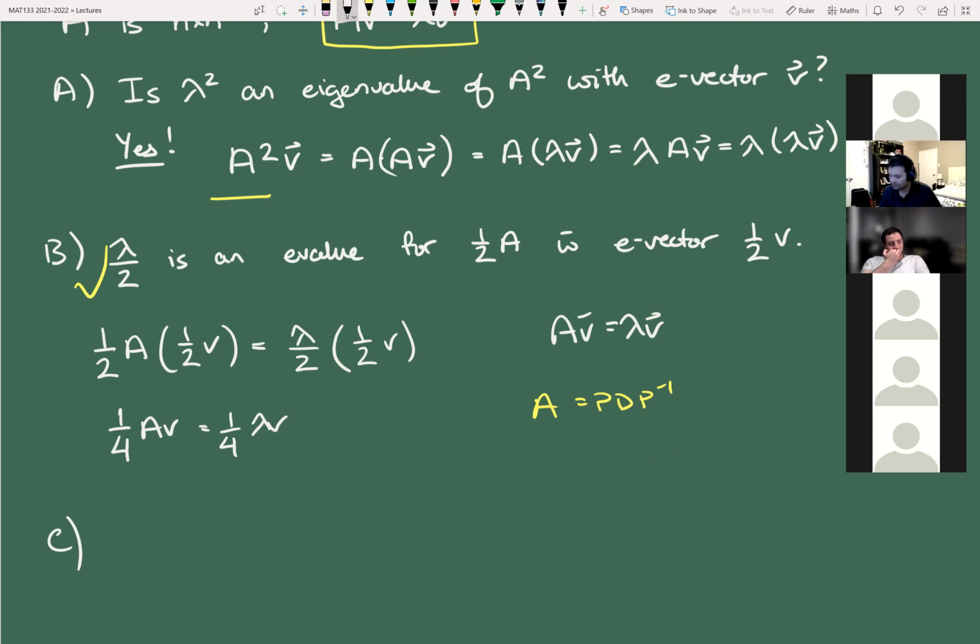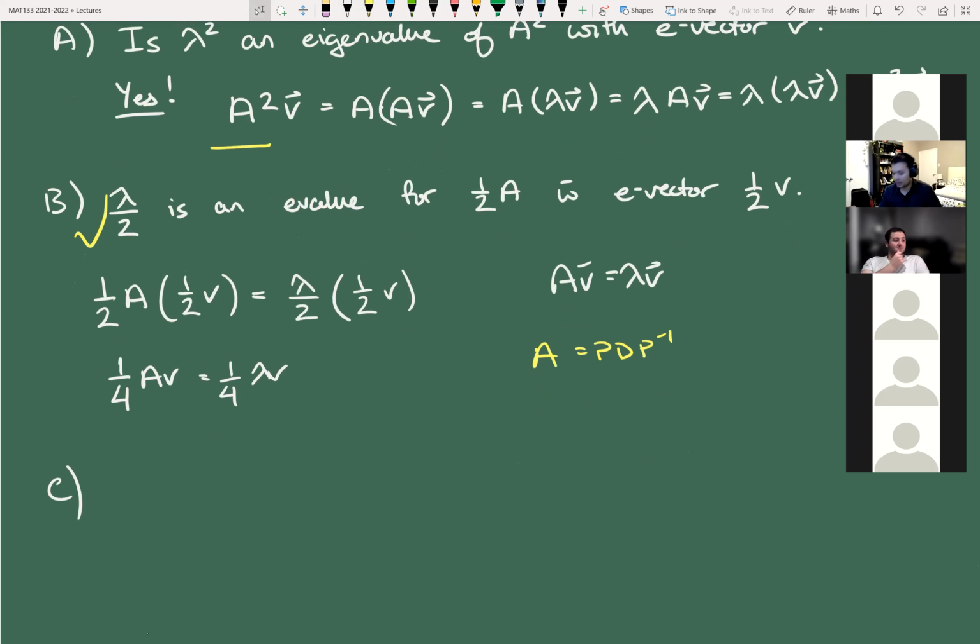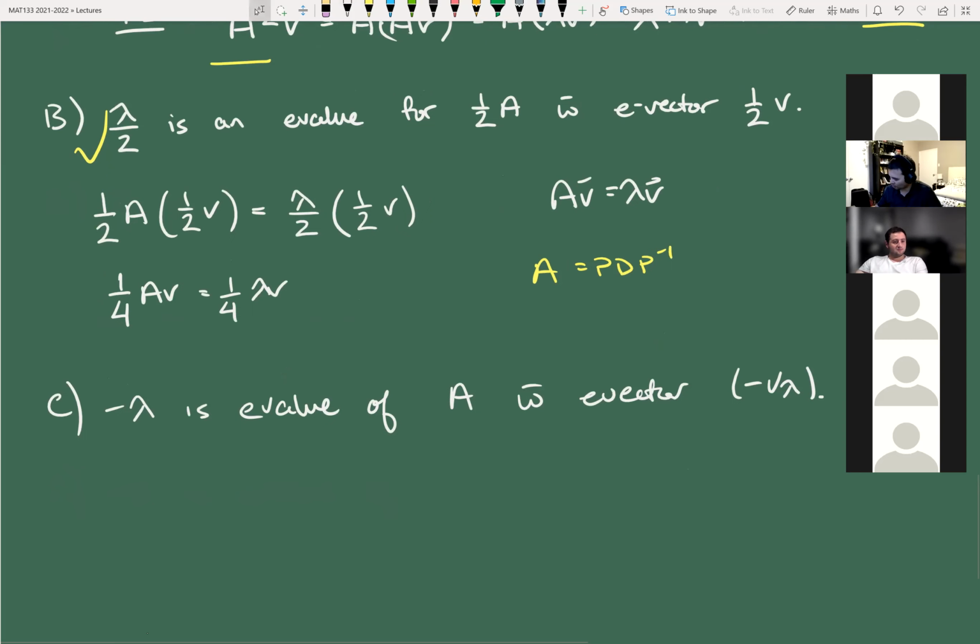Awesome. Okay, C, so negative lambda. This one better be wrong. Is an eigenvalue for A with E vector negative V sub lambda. Okay, so let's check. So for this to be true, we need A negative V. Right, so here's why this one's not going to work.